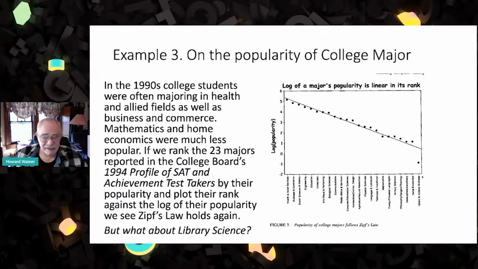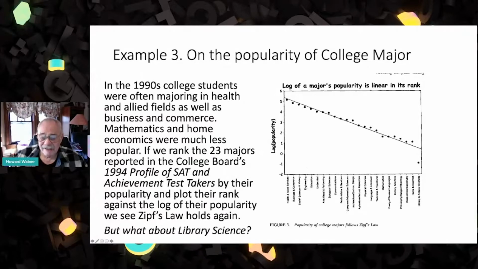It works for everything. So for example, in 1990, the College Board made a survey of various majors in college and how popular they were, how many kids were majoring in them. And so along the x-axis, you can see this is health and allied services as the most popular major.